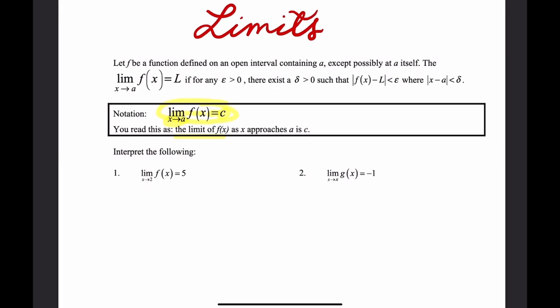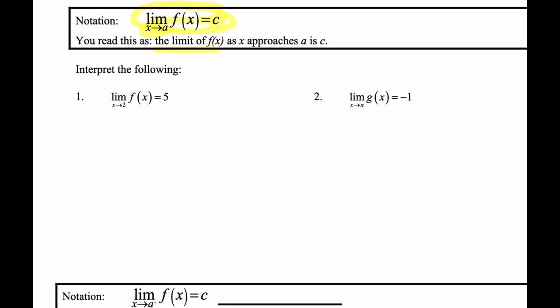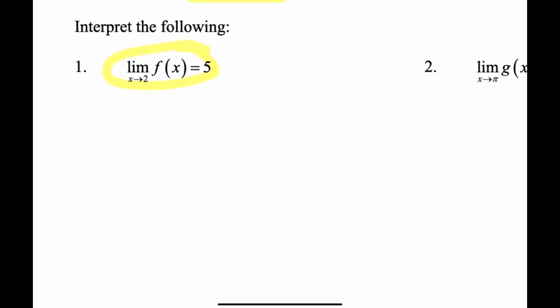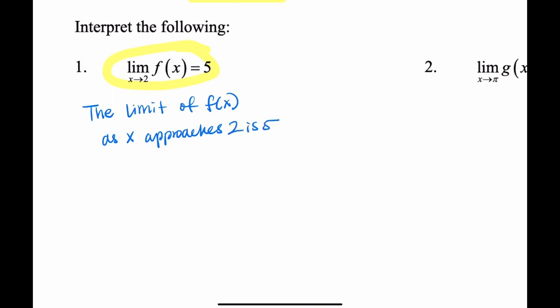Okay, so for our first two exercises, we're going to keep it real simple. I want you to be able to translate this limit into English. Starting with the very first example, I can rewrite number 1 as the limit of f of x as x approaches 2 is 5.